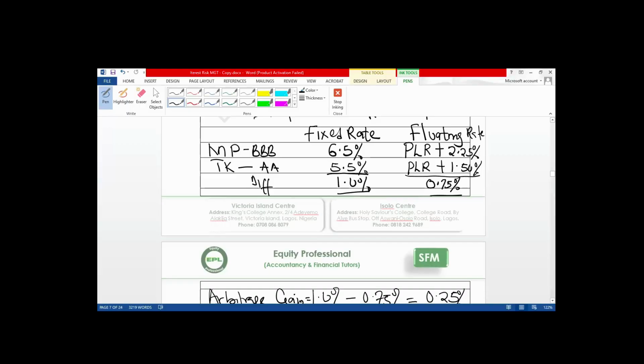In this case, number 1, TK will borrow at a fixed rate of 5.5%.